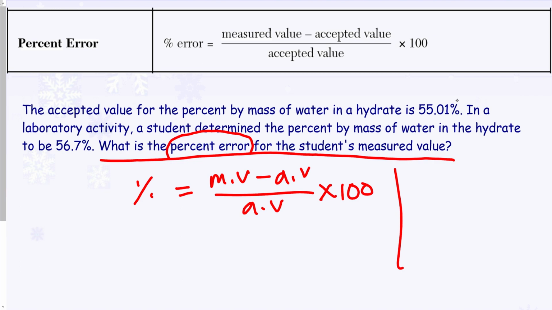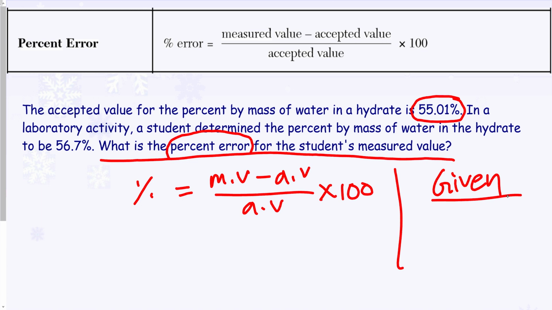So I know that I always focus on the numbers. Here I have 55.01%. And then I'm thinking, okay, this 55.01%, is it my accepted value or is it my measured value? Because those two are needed to solve this question.